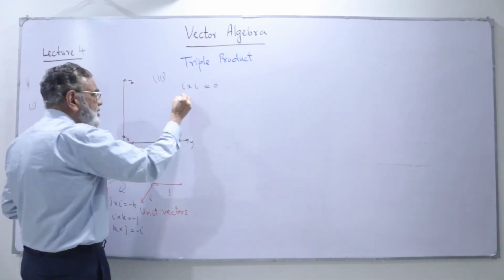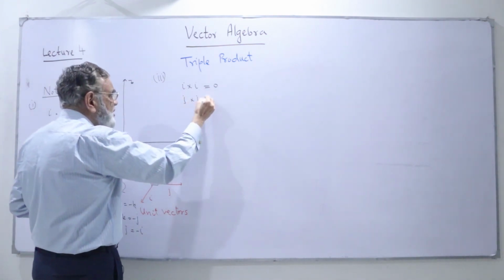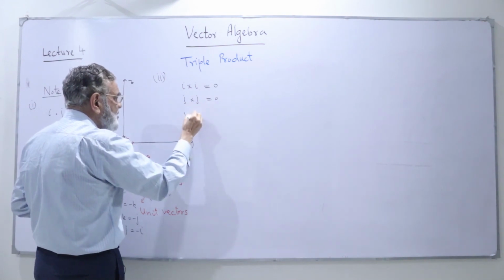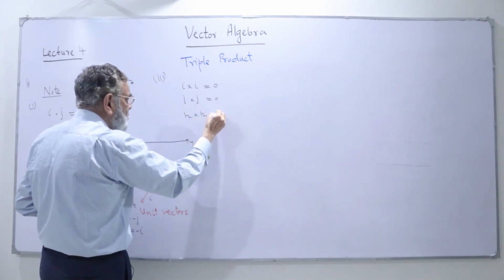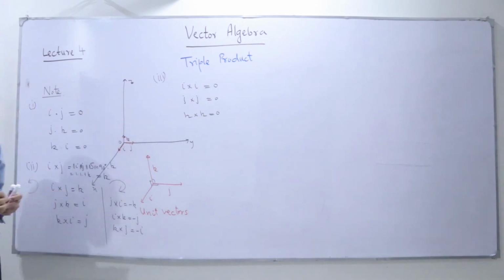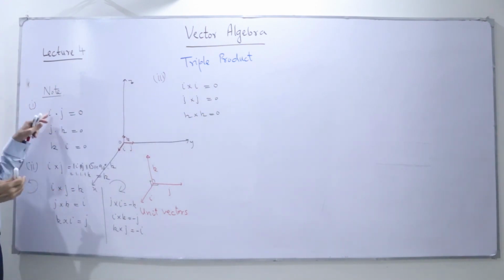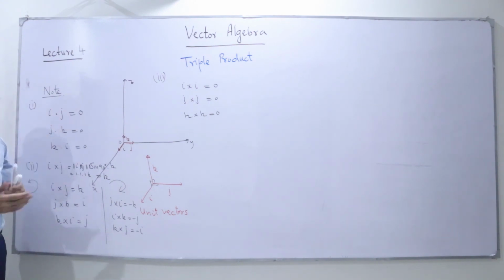And j cross j is also equal to 0, and k cross k also equal to 0, because when two vectors are parallel, the cross product is 0, and when two vectors are orthogonal, the dot product is 0.